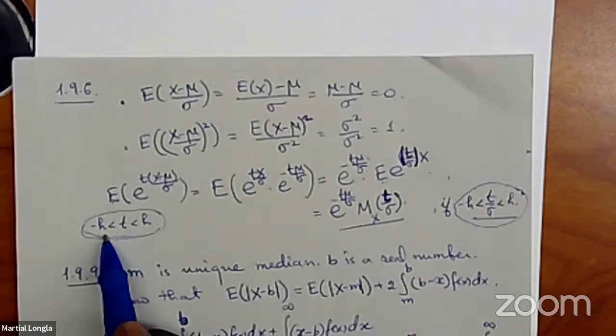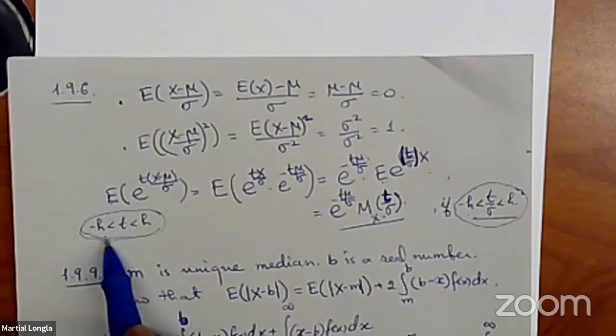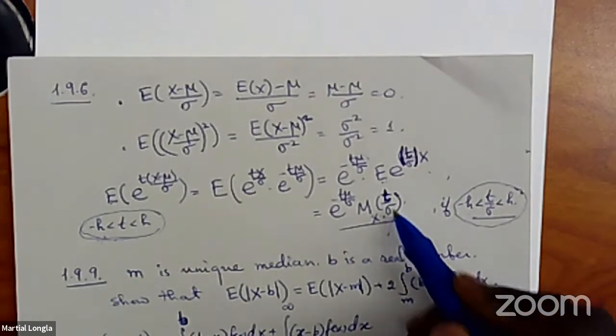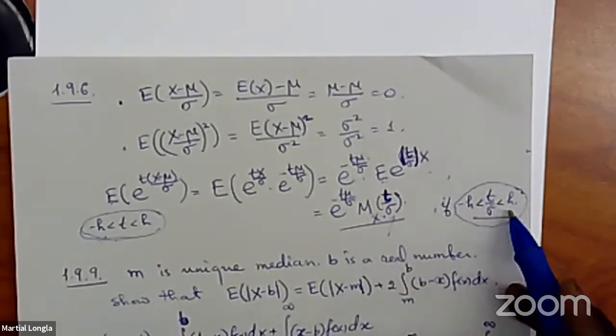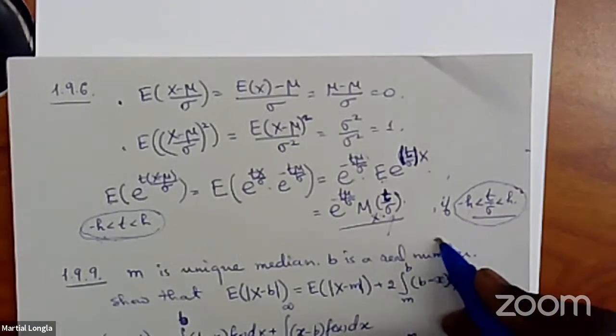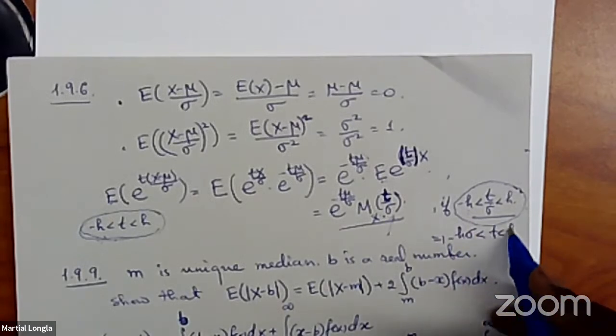The values of t that we plug into the moment generating function need to be between negative h and h. So if I'm replacing t by t over sigma, it better be between negative h and h, and that's why you end up with negative h sigma less than t less than h sigma.